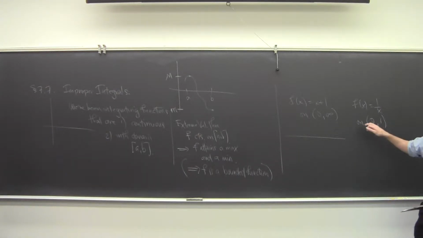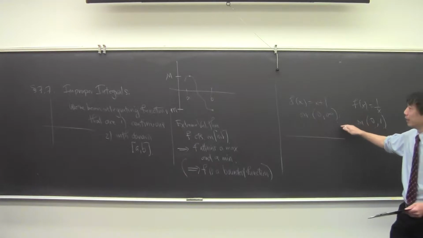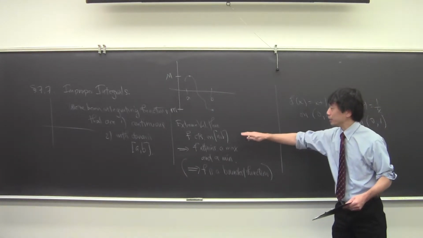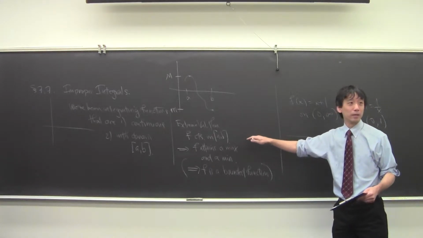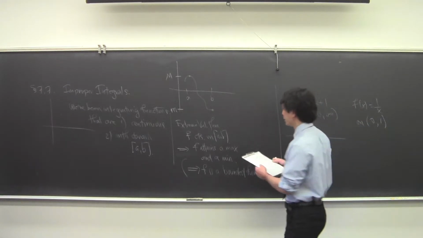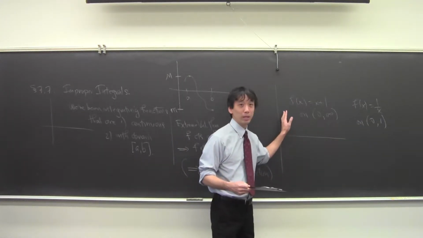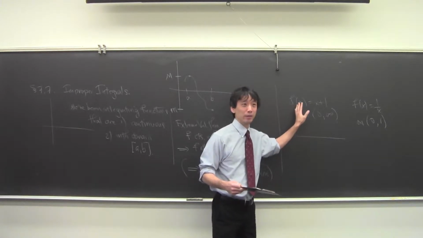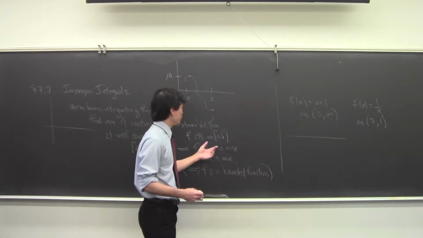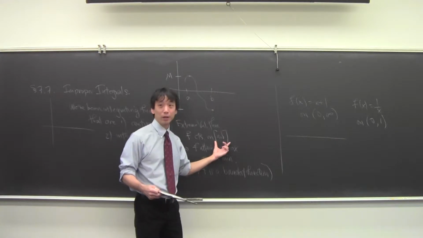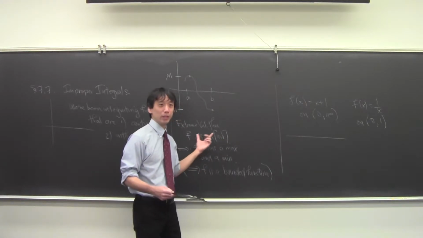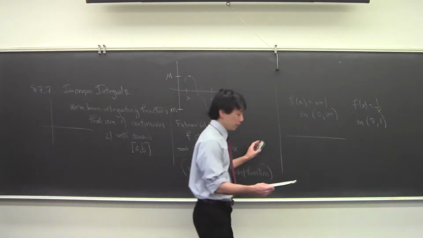But neither of these guys is continuous on a closed and bounded interval. The only way we could have this sort of thing is if our function is not on a closed and bounded interval, or it's discontinuous.